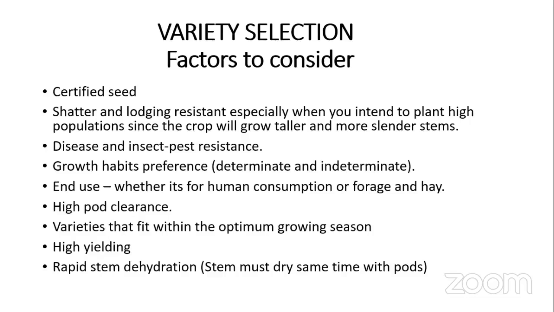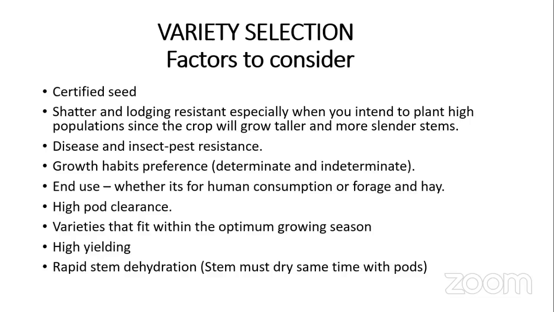That will result in pre- and post-harvest losses, because the pods are going to fall, and when they fall on the ground, the combine harvester may not be able to pick them. So it will culminate in a harvesting loss, which is something that we wouldn't want. So it's very important that we also choose varieties with a very high pod clearance.